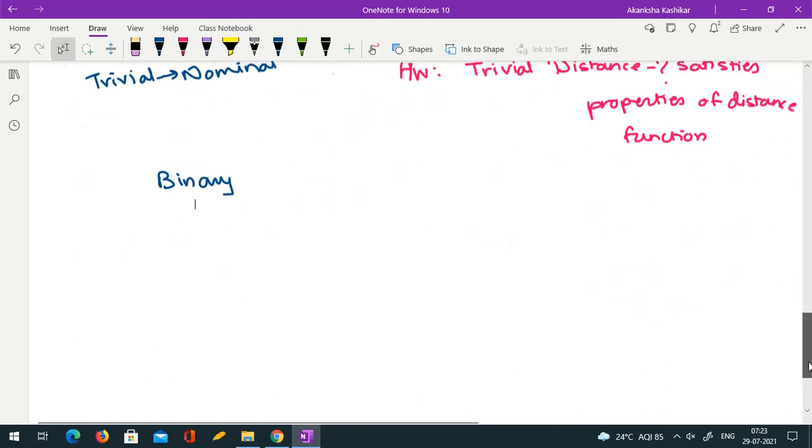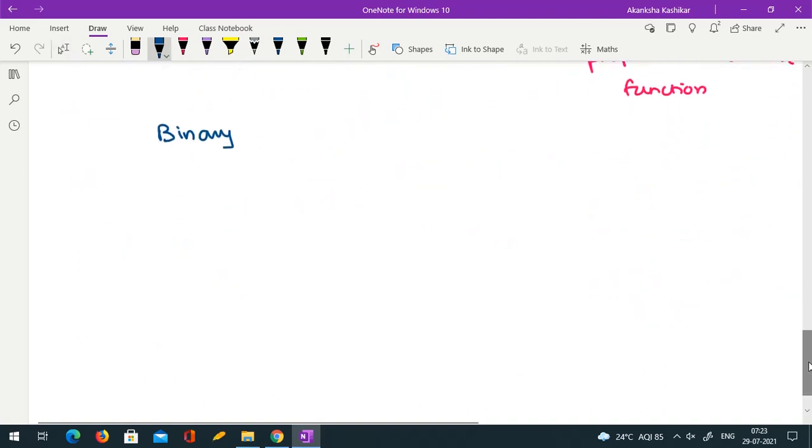So while computing distance between two binary observations, there are three possibilities. One is you simply use something similar to Manhattan distance, so 0 0 is matching, 1 1 is also matching, and if it is 0 1, then you say they are different, so they are dissimilar.